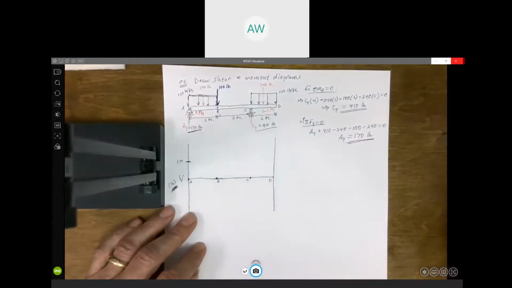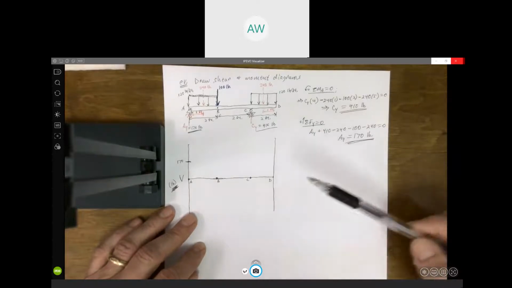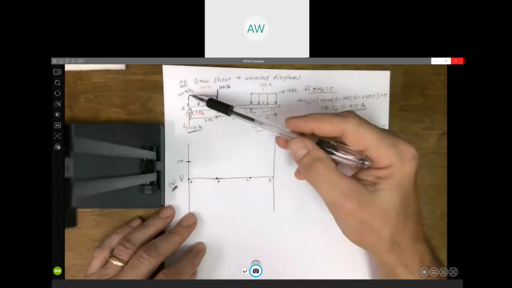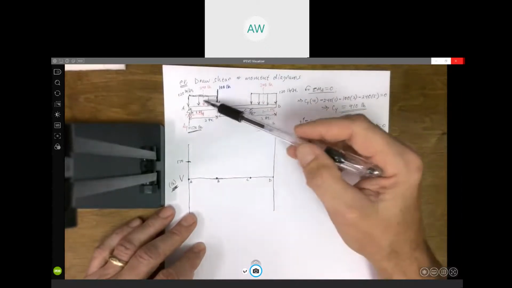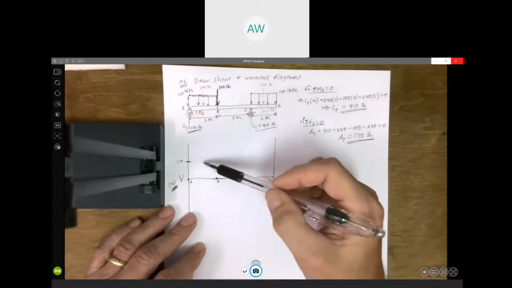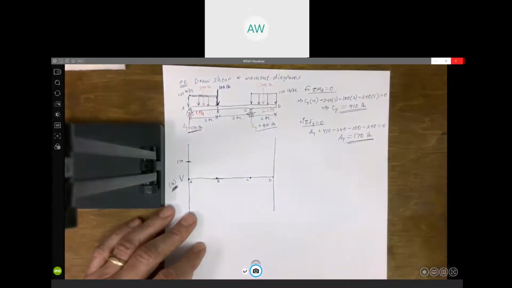They're equivalent, but they're not equal. So when we draw our shear diagram, we've got to draw it with the distributed load on there. We can't say, okay, I'm going to come straight across here 1 foot and then go straight down 240 pounds. Doesn't work that way. Right?